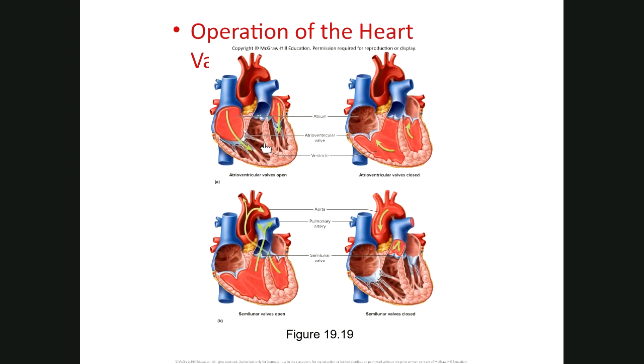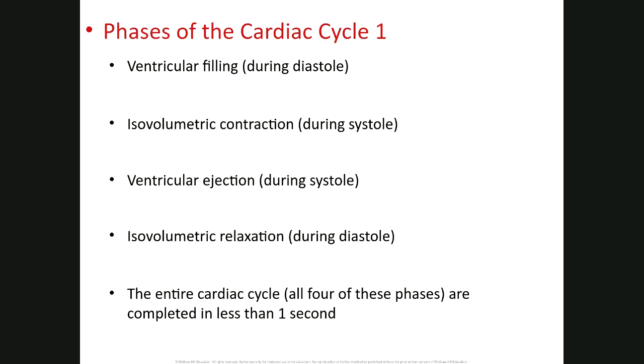So here's a picture, and I will first refer to this. It shows the phases of the cardiac cycle. First is ventricular filling of the ventricles, and you can only do this if the ventricles are not contracting, obviously.